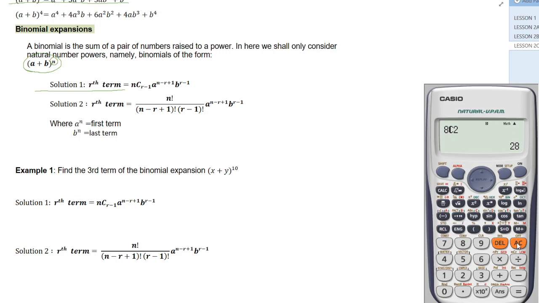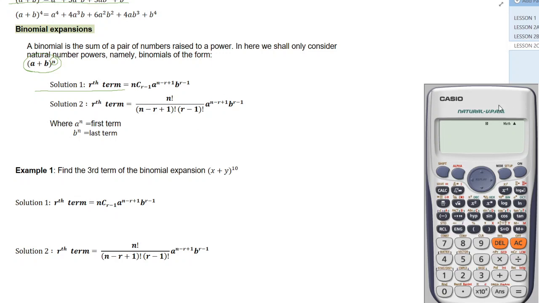But if you don't have the combination, you have also here your solution 2, that is n factorial divided by n minus r plus 1 factorial multiplied by r minus 1 factorial, and then the value of your first and second term there.